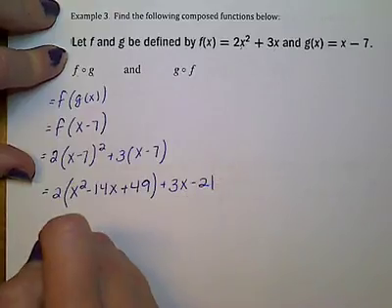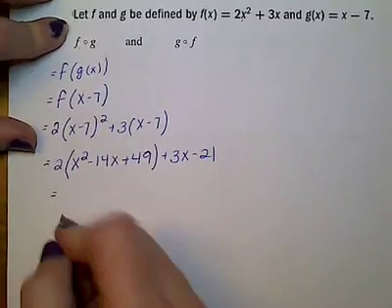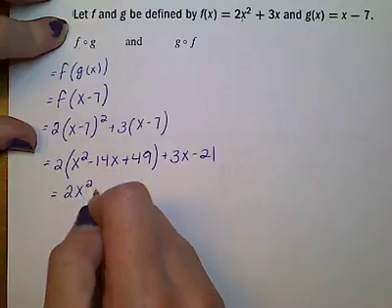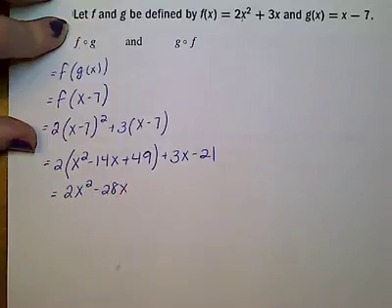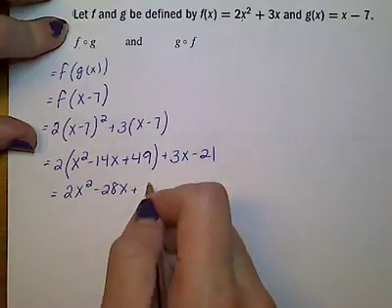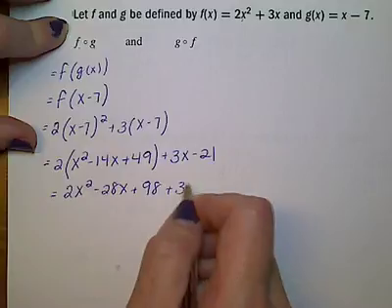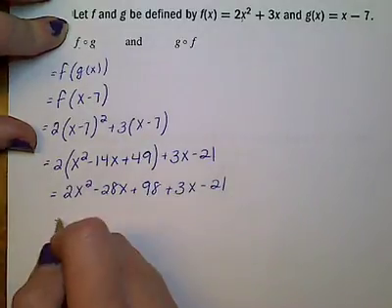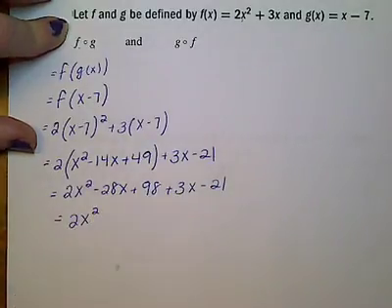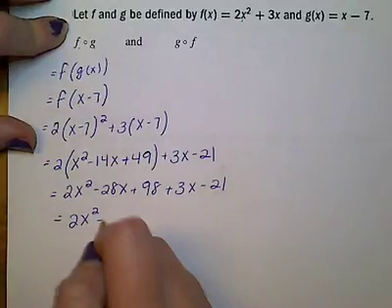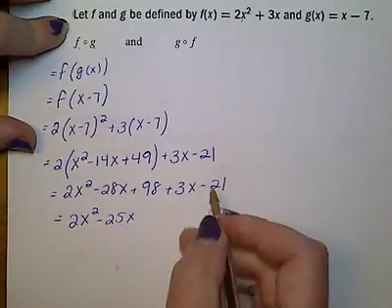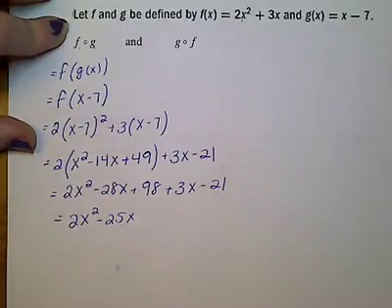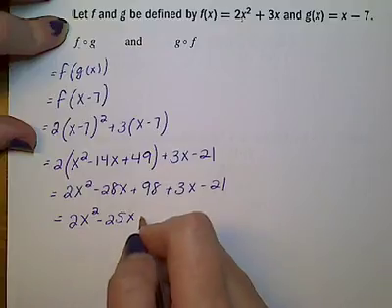All right, distribute the 2 in front. We've got 2x squared minus 28x plus 98 plus 3x minus 21. All right, combine your like terms. Final answer, 2x squared minus 25x. And then subtract 21 from 98, you're going to get 77.